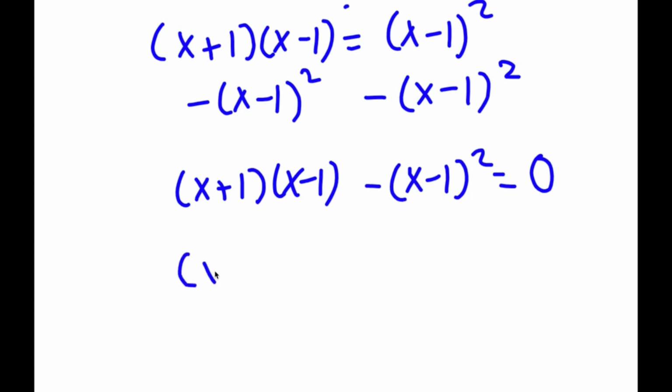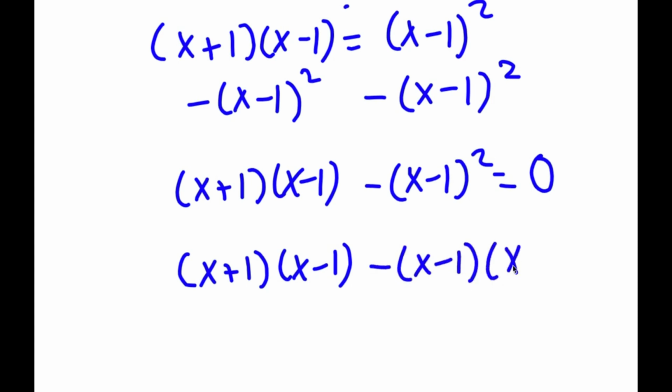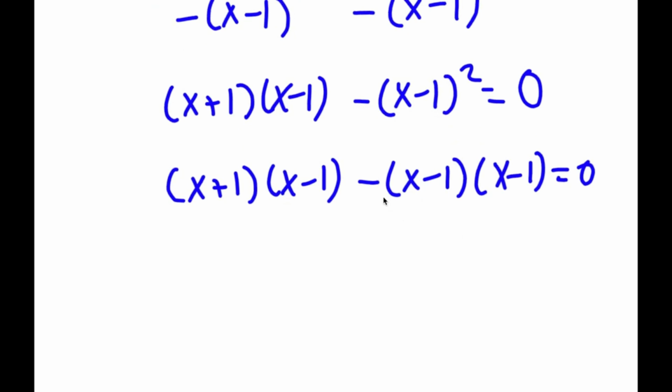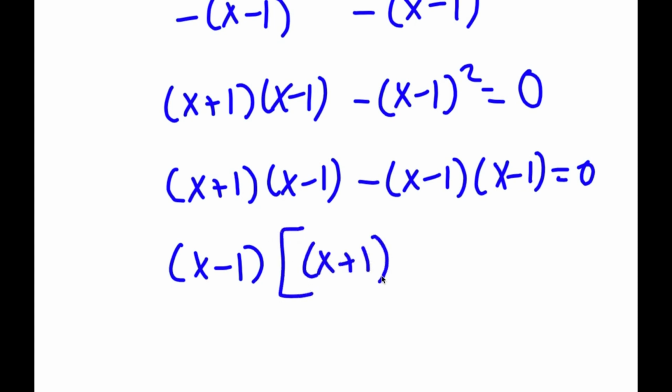Now (x minus 1) squared, that's the same thing as (x minus 1) times (x minus 1). Now if I factor out x minus 1 from this, I get (x minus 1) times ((x plus 1) minus (x minus 1)). This is equal to 0.